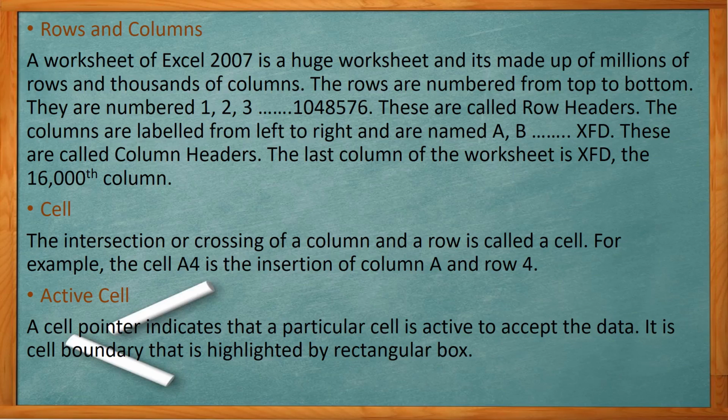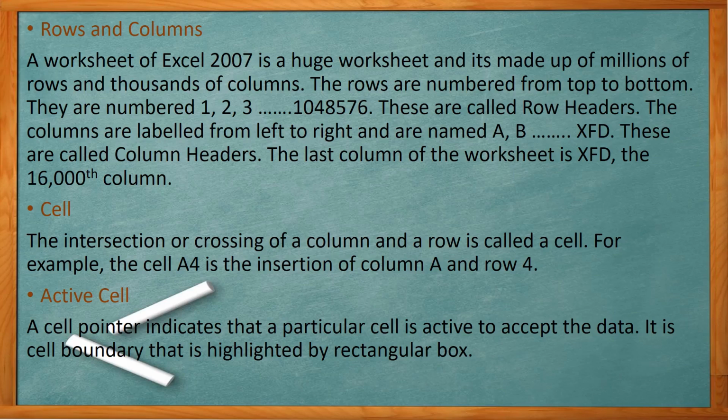These are called row headers. The columns are labeled from left to right and are named A, B to XFD. These are called column headers. The last column of the worksheet is XFD, the 16,000th column.